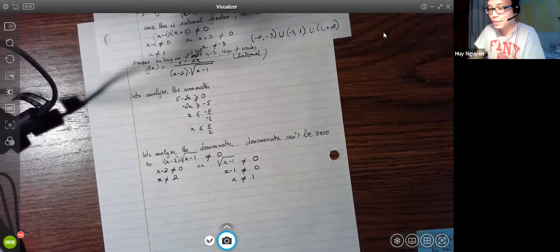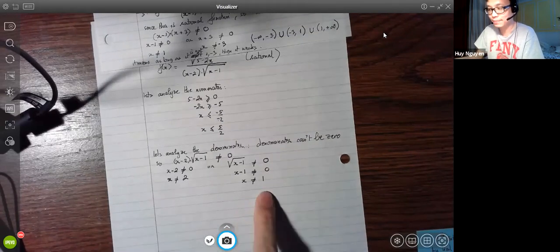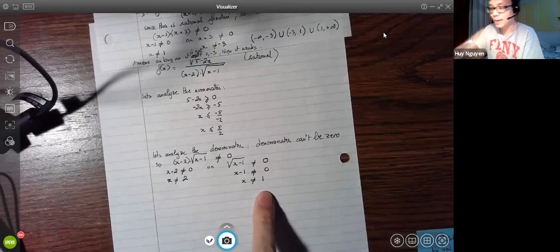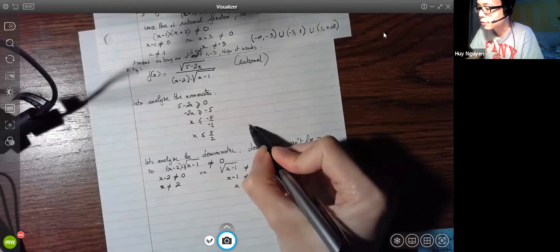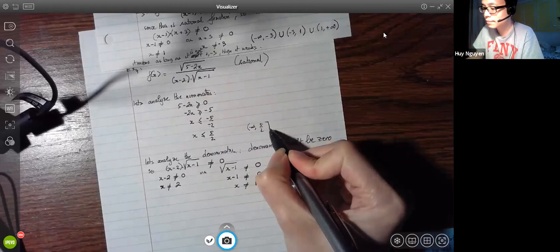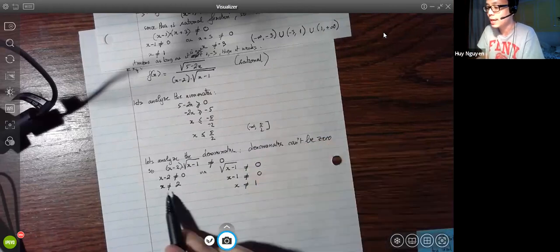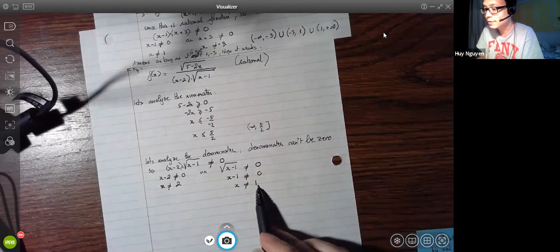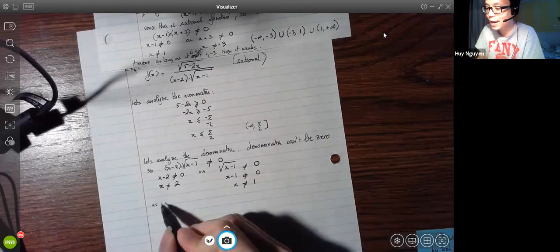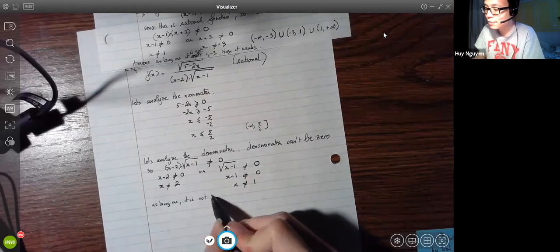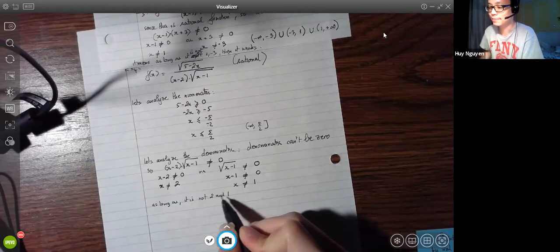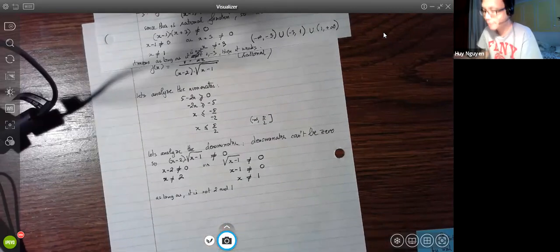Okay, so it can't be 2, it can't be 1. I forgot the interval notation here. So it means as long as it is not 2 and 1, then it works, right?